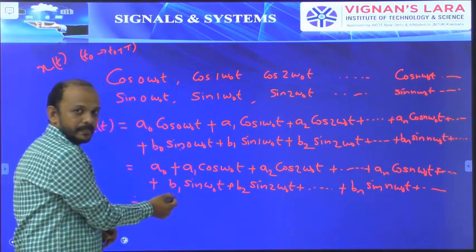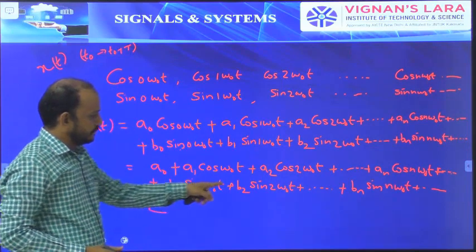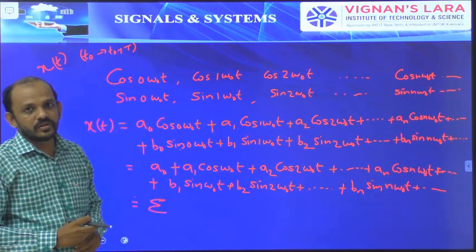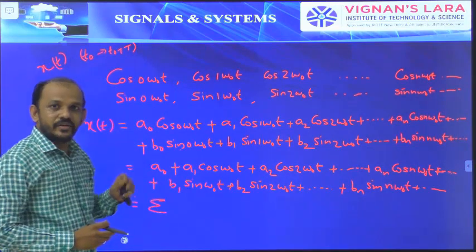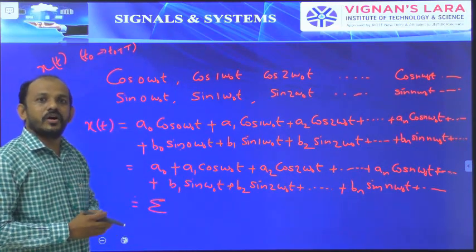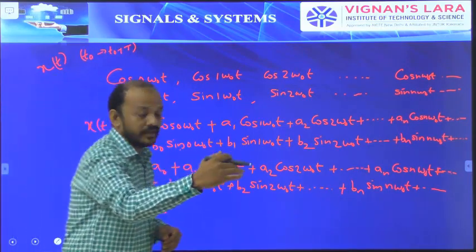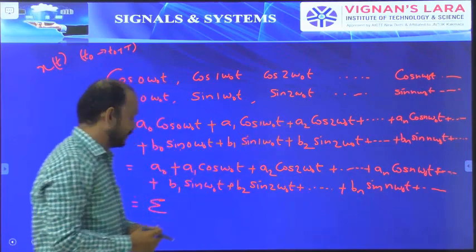In this case, we have b1, b2, b3 and so on. So there is no 0, so we do not need to write the n value of 0. Here the n value is from b1, from 1 to infinity.